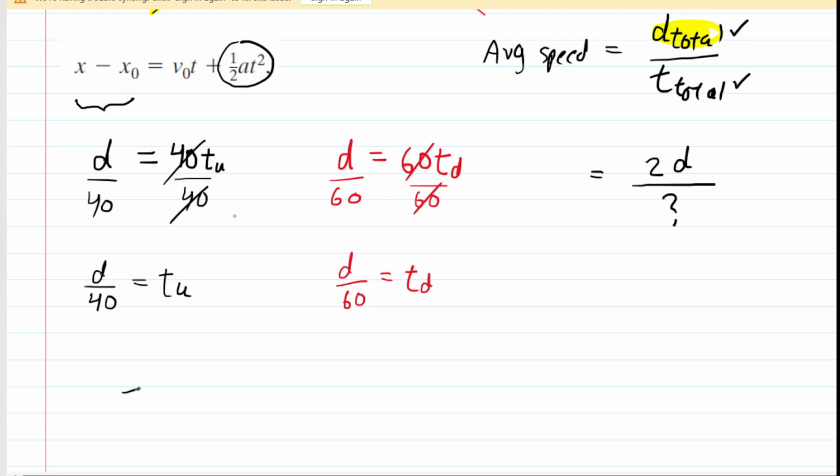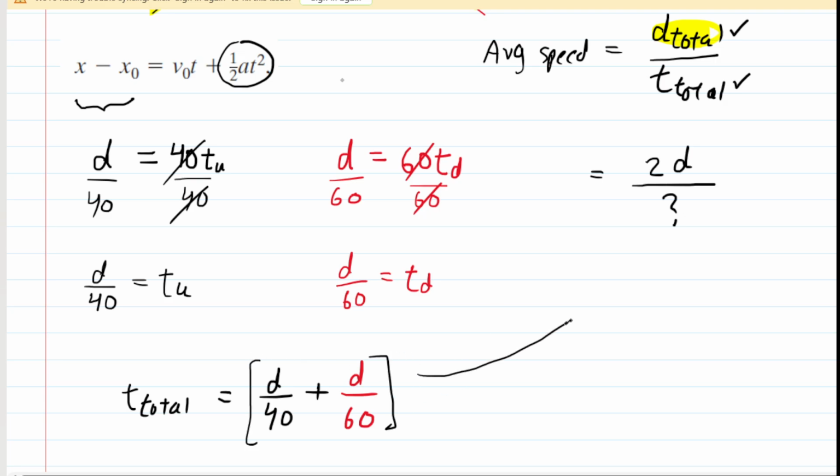But we want the total amount of time, so think about how you would get the total amount of time. And of course, all you would need to do is add the time going up the hill to the time going down the hill. So we would have the d over 40, and then add that to the d over 60. This will be the total amount of time that the car is traveling. We're going to take this expression for the total amount of time, and we're going to sub it in right here into our average speed equation.